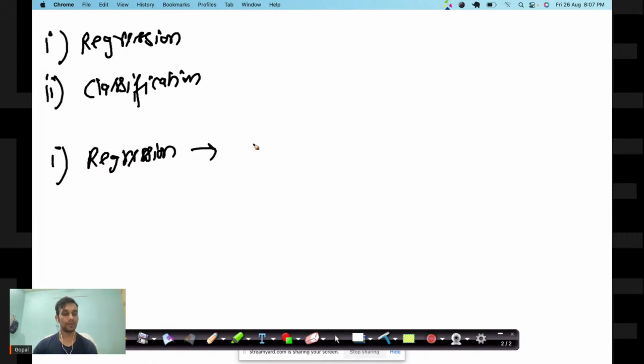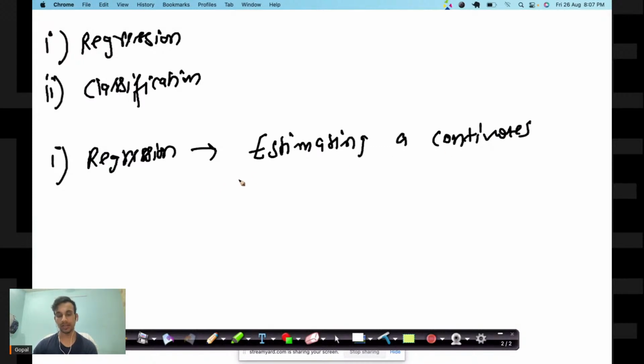Estimating a continuous number. It is the most basic one-liner I can give you about regression. Okay, so estimating a continuous number.